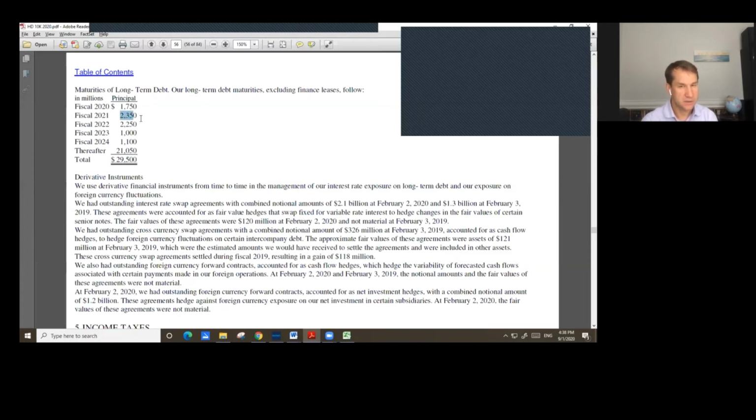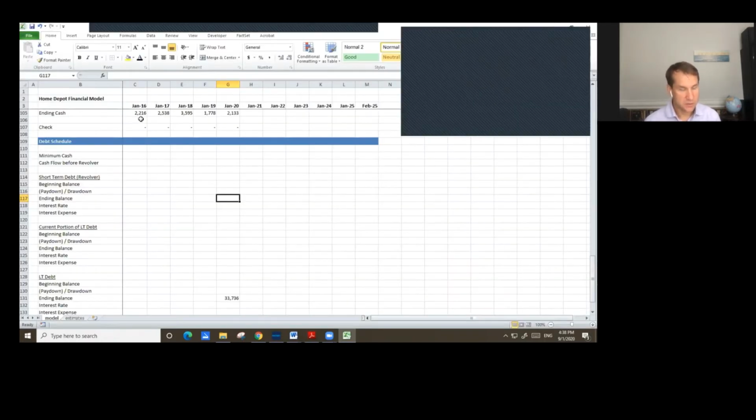So this would be calendar 2021. So we are in calendar 2020. So this amount would be current portion of long-term debt. Current portion of long-term debt is debt maturing in the next 12 months. So that's what I will put here.